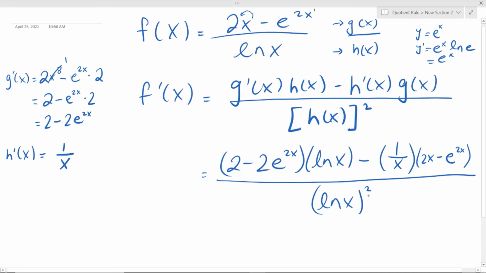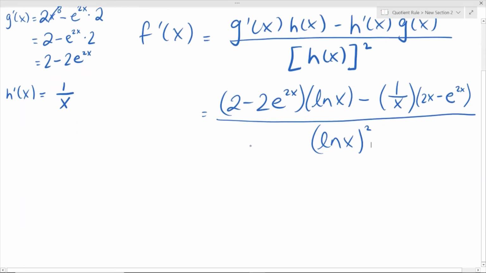Just like that. And then what I can do next is I can simplify this. So I'm going to distribute ln x to each term. So ln x times this and times this. So 2 times ln x, and then this whole thing times ln x. So negative 2 e to the exponent of 2x times ln x. Then here, it's negative 1 over x times 2x.